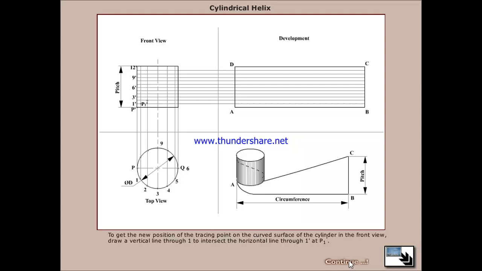To get the position of the tracing point on the curved surface of the cylinder in the front view, draw a vertical line through 1 to intersect the horizontal line through 1 dash at P1. Similarly, to get the next position, draw a vertical line through 2 and 12 to intersect the horizontal line through 2 dash at P2.